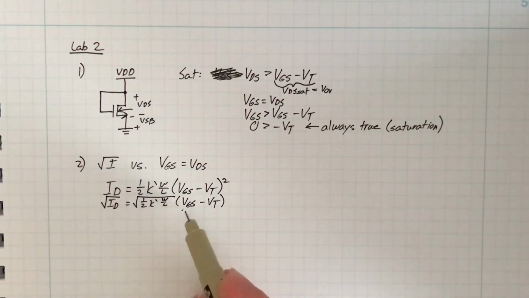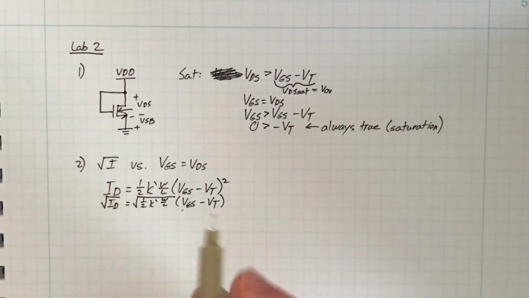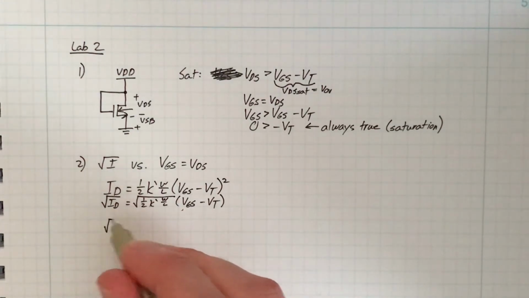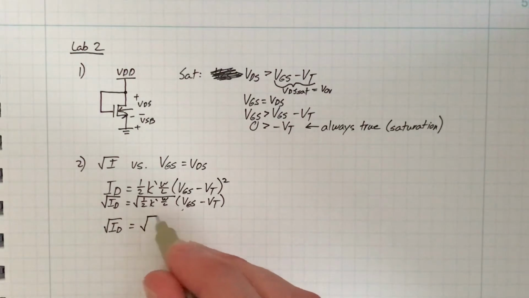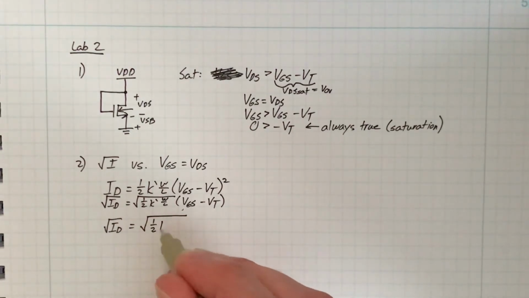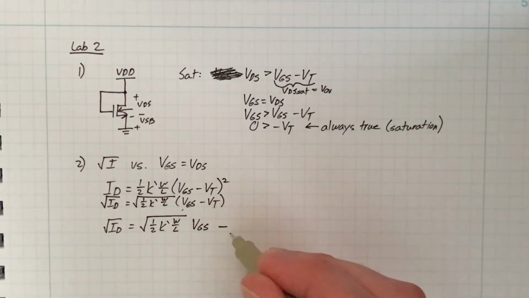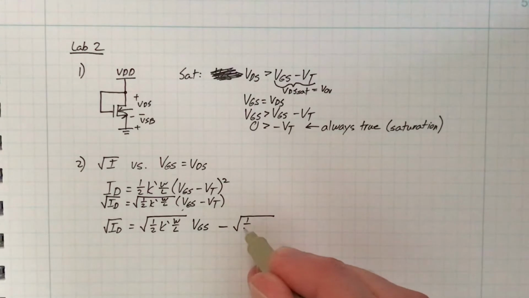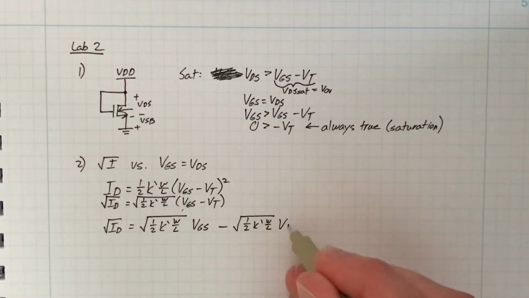And we can distribute that to both the parameters in the parentheses. So we're left with square root of ID is equal to square root of 1/2 K prime W over L times VGS, minus square root of 1/2 K prime W over L times VT.